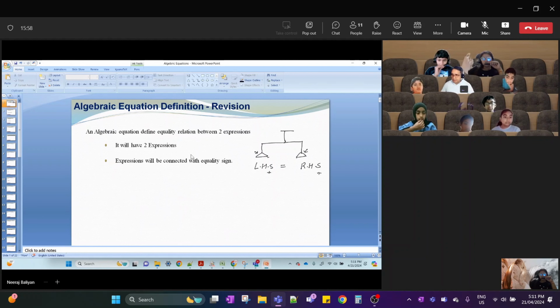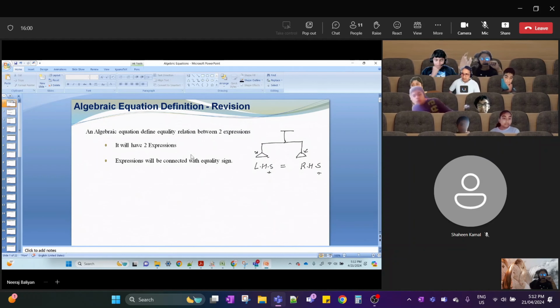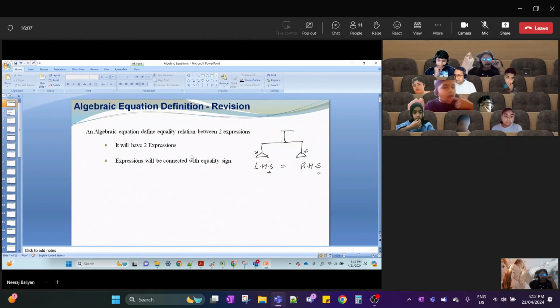So what we were discussing, do you have any problem with whatever we discussed so far in the last two classes of our algebra? Not really. Okay, so you are clear about expression, terms, variables, coefficients, numbers, solution, everything, right?